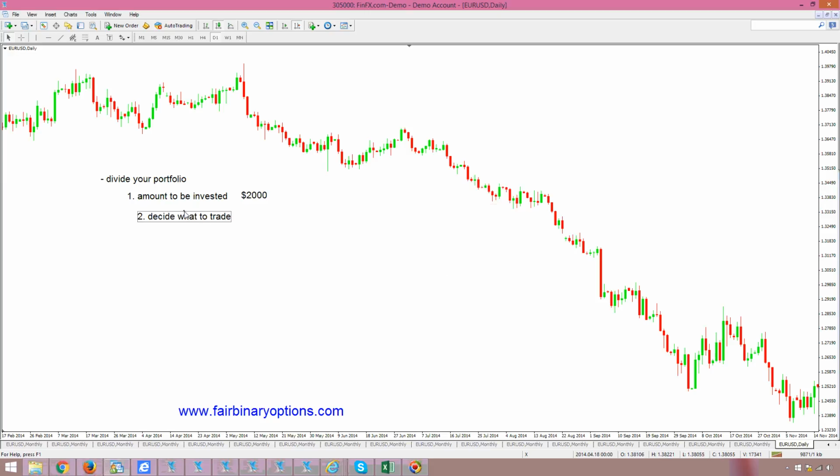If you decide that you want to trade currencies, then going on the economic calendar and looking for the relevant data for that specific currency is the thing to do.